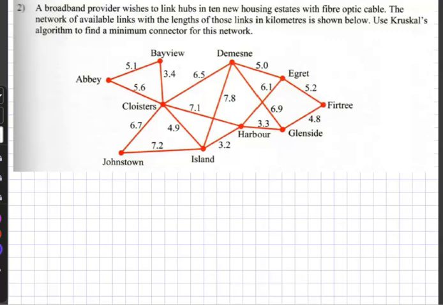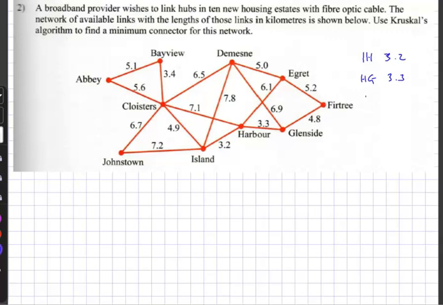I need to list out the costs of them. And this is the boring bit. This is the hassle, trying to actually find all the shortest arcs. So from Island to Harbour, we've got 3.2. From Harbour to Glenside, we've got 3.3.